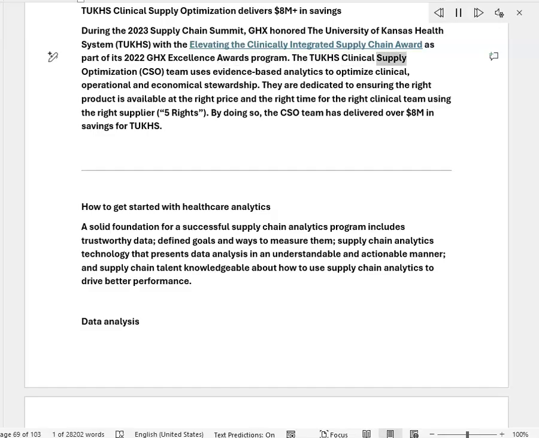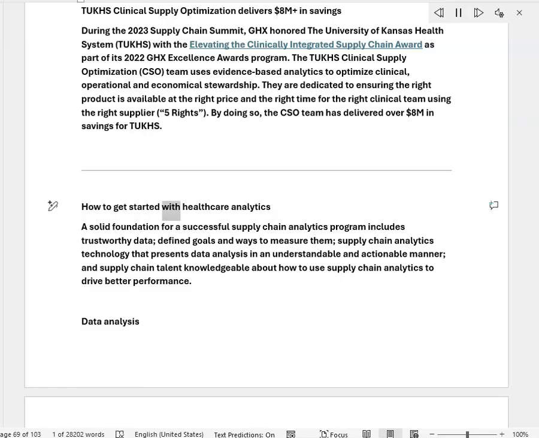The TUCS Clinical Supply Optimization, CSO, team uses evidence-based analytics to optimize clinical, operational, and economical stewardship. They are dedicated to ensuring the right product is available at the right price and the right time for the right clinical team using the right supplier. 5 rights. By doing so, the CSO team has delivered over $8 million in savings for TUCS.